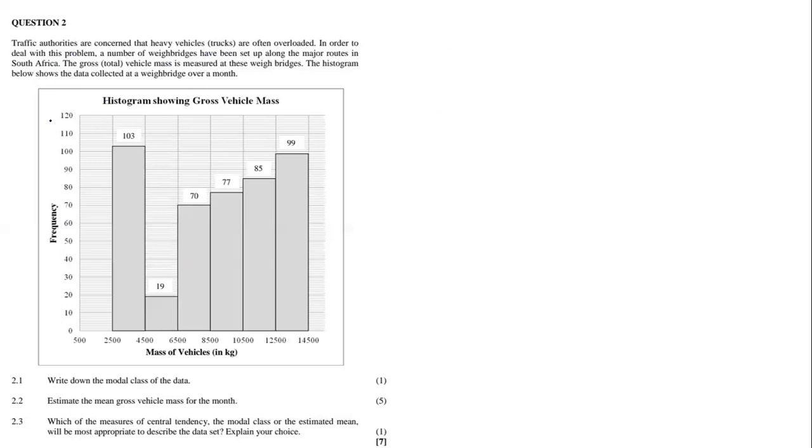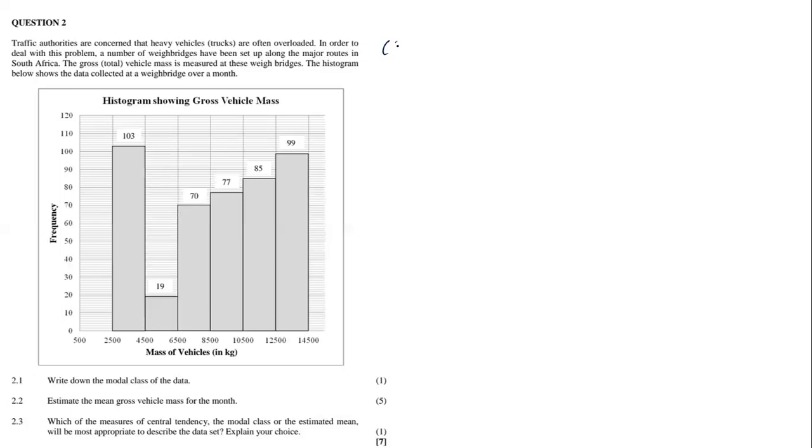Frequency indicates the number of weigh bridges. And then here we have the mass of vehicles. So meaning 103 weigh bridges weighed between 2,500 and 4,500 kilograms. And 19 weigh bridges read within this interval of mass. Same applies to 70 weigh bridges and so forth.